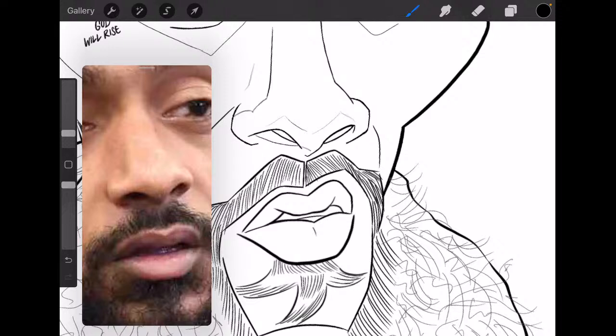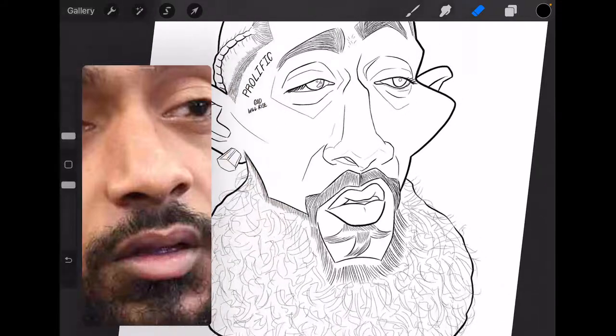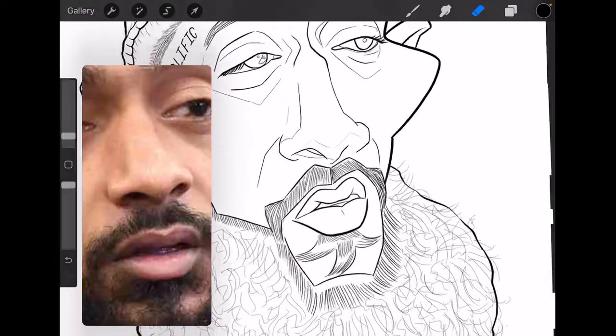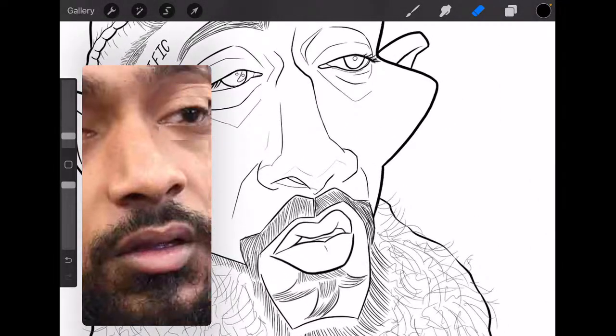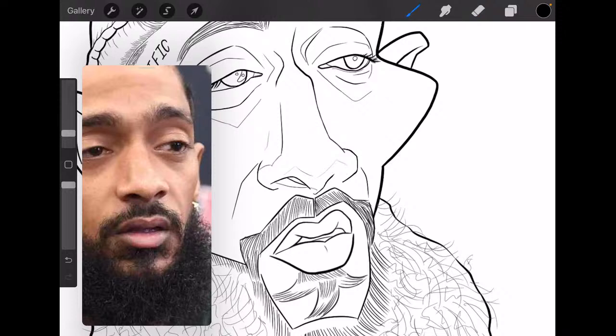And this side of the nose, I think it raises itself up higher than I have it. So I'm gonna raise that up and just create a better angle. It is possible that the nose is still a little bit.